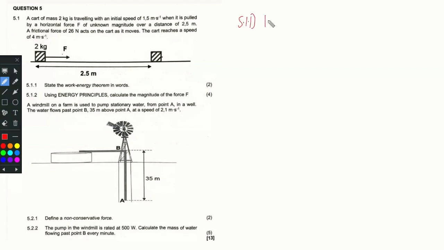Again, W net is equal to change in EK. And then this helps us to remember the work energy theorem states that the net work done. So if you want to remember definitions, work with as many questions as possible. You will keep on seeing the very same definitions. You write them every time you see them.